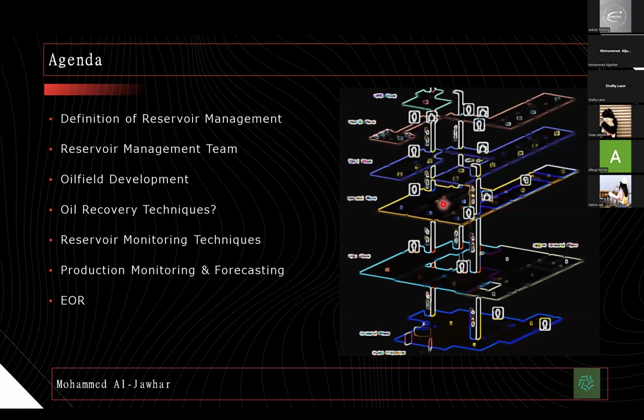We'll define what reservoir management is, what the reservoir management team is and what they do, oil field development and its process in summary, the oil recovery techniques needed for oil field development, the reservoir monitoring techniques we follow to monitor our field and reservoir, production monitoring, of course, and forecasting future production and enhanced oil recovery.